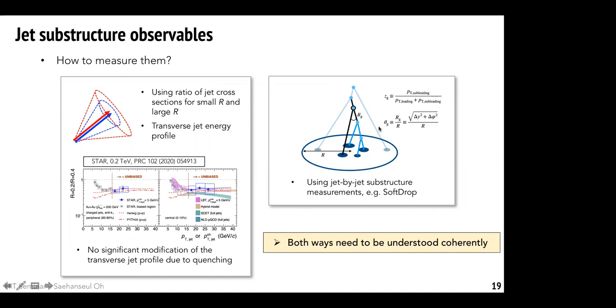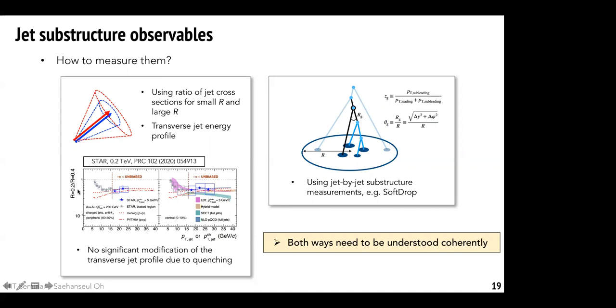Recently we are using grooming algorithms, but this is not the first time that we are looking at substructure. More traditionally, there were measurements using the ratio of jet cross sections for small R and large R, which gives us information about the transverse jet energy profile. Even in the recent jet measurement by STAR, they compare the spectra between R equal 0.2 and R equal 0.4.